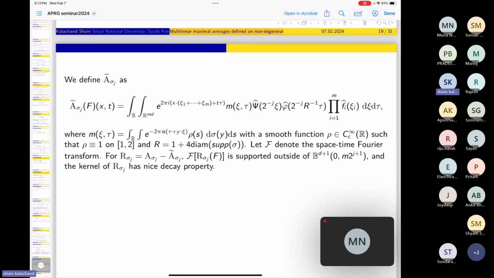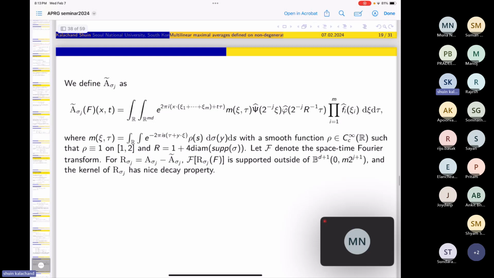Here m of xi comma tau is given by this integral, where rho is a smooth function which is identically 1 on the interval 1 to 2, and vanishes outside of half to 4. And r is, as defined earlier, 1 plus 4 times the diameter of the support of sigma. Now we denote by curly F the space-time Fourier transform.